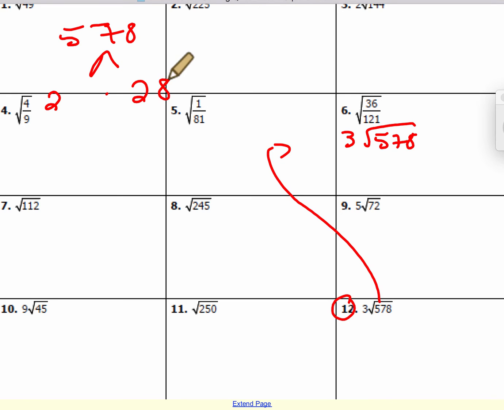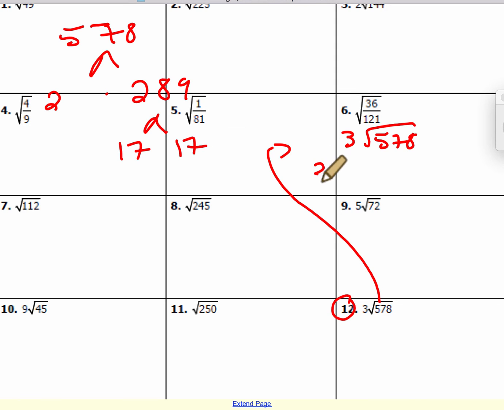It'll be 2 times 289. And 289, maybe I don't remember at the moment that it is a perfect square, but it is. So I think about what numbers multiply to make 289, and I realize, oh my gosh, it's 17 times 17, which makes it a perfect square.